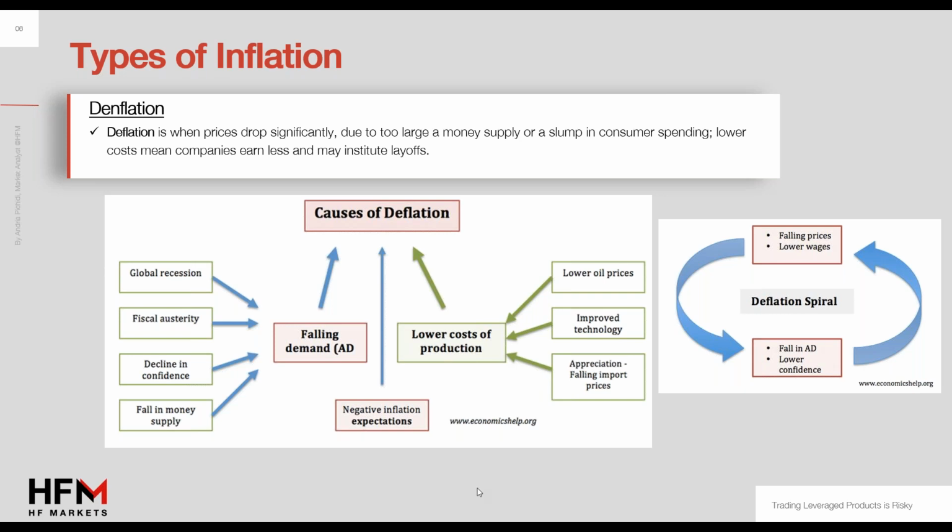So deflation has as a consequence the increase in the real value of money, and allows you to buy more goods with the same amount of money over time. So it can also occur owing to a reduction in the supply of money or credit.